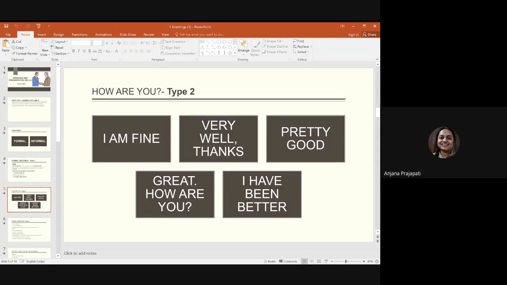Better than "pretty good" is "great." And then you ask the person, "How are you?" So when he asks you, you ask the person back. And then you say, "I have been better." So you mean to say earlier it was not good, but yes, now I'm much better than before. So yes, these are some of the greetings.